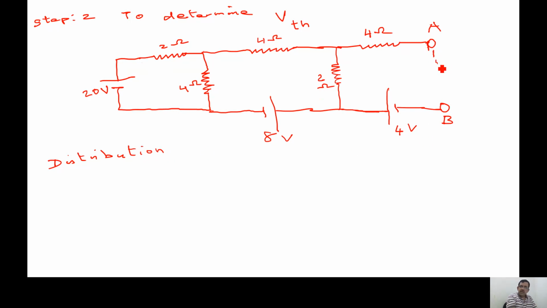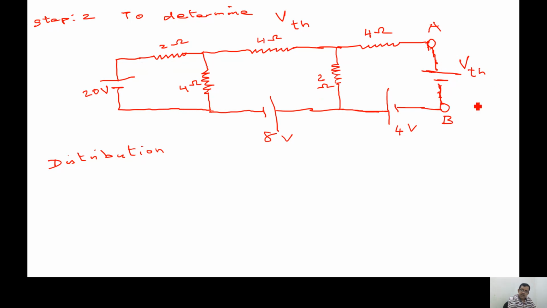So let us assume that there is an imaginary construct like this, and I have taken the sign positive here, negative here. After the analysis, we will know whether the signs I have taken are correct or wrong, since that depends on the direction of the current flow. So I have taken the sign like this. Fine. So this is my VTH.